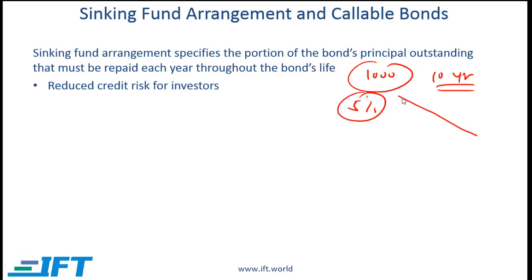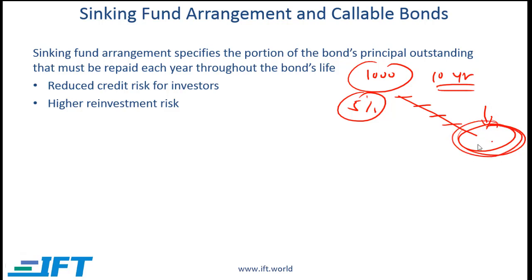Since the principal is being repaid, what happens is the credit risk for investors is reduced. The reason is that now the issuer doesn't have to make a large payment at the end. If the issuer has to make this large payment at the end, then the concern for the investor will be whether or not the issuer will be able to make that payment. The risk of the issuer not being able to make that payment is called credit risk.